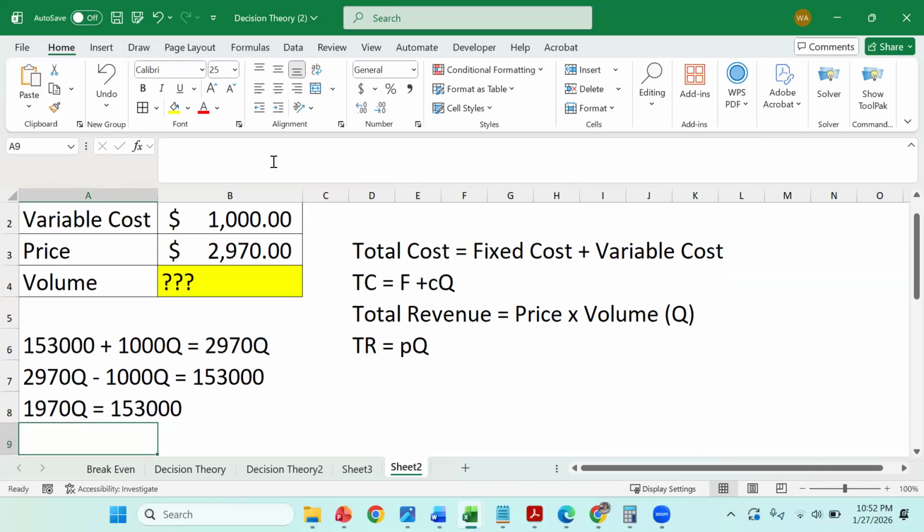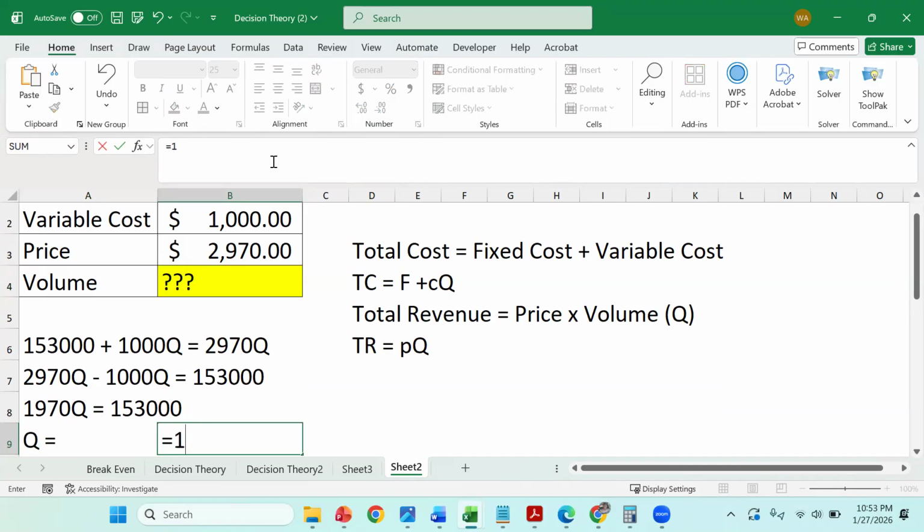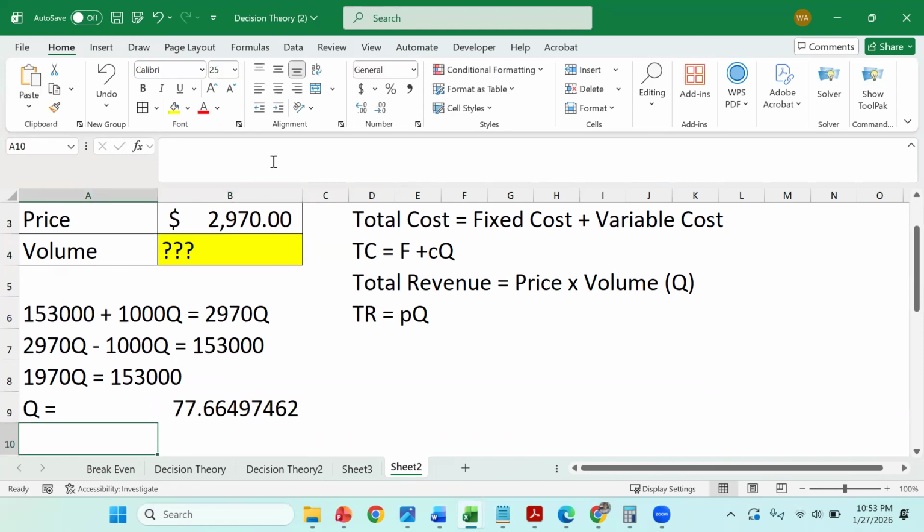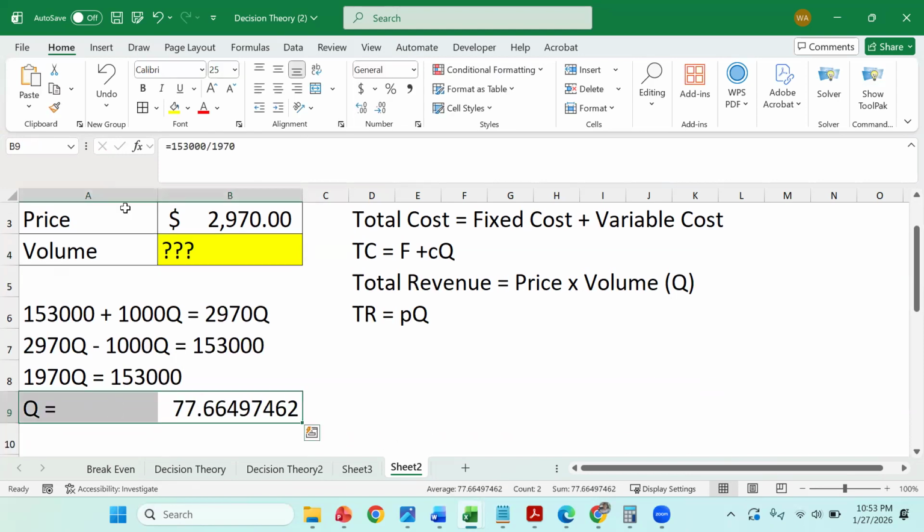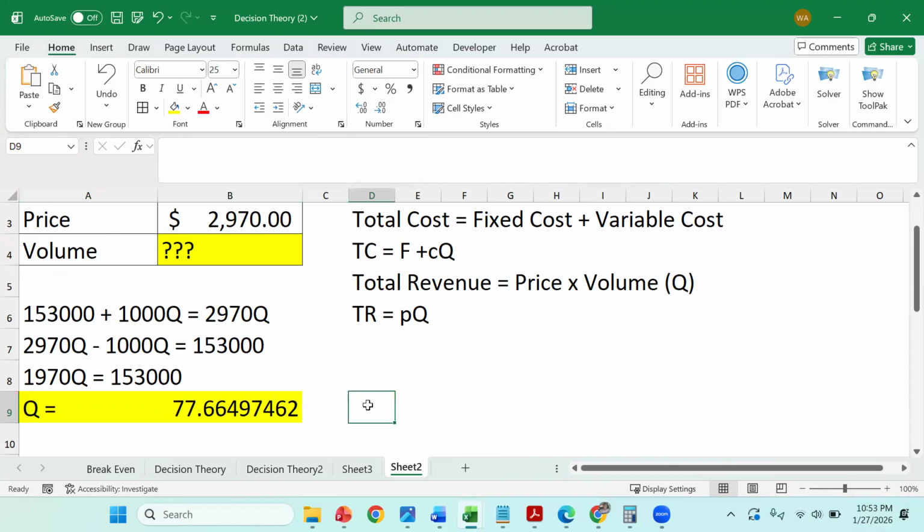As a final step, if we divide both sides by 1,970, we have Q equals 153,123 divided by 1,970. So our solution will be Q equals 77.6766. Since these are human beings, I'm going to round this off and say we're going to be at break even at 78 patients.